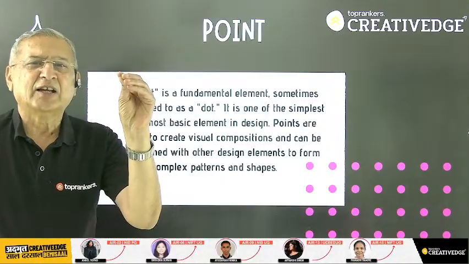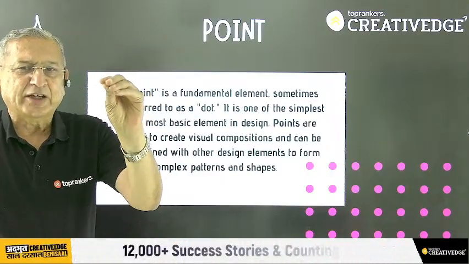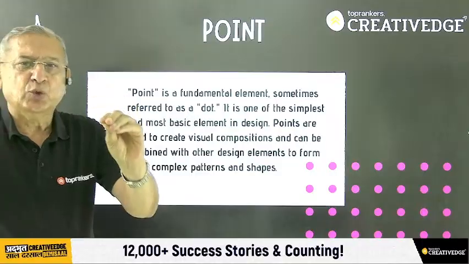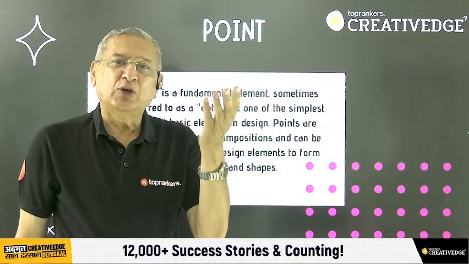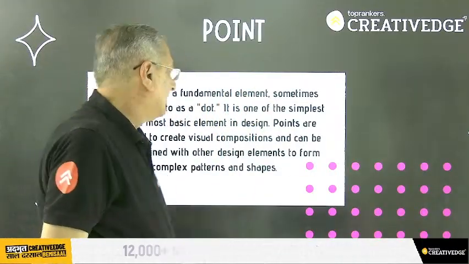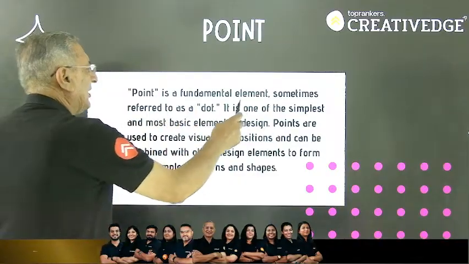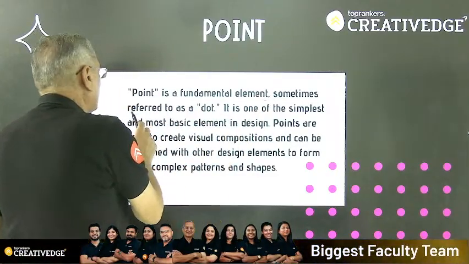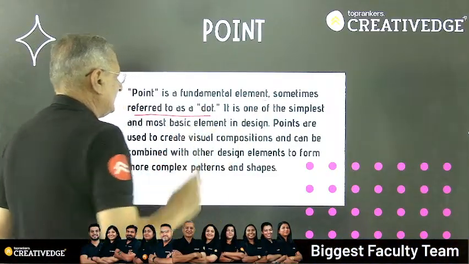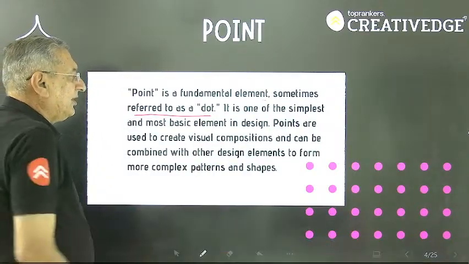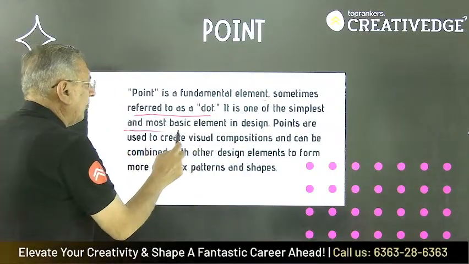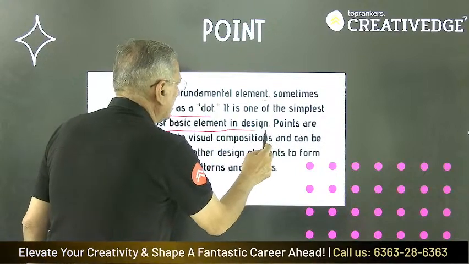छोटा सा एक point, एक dot, एक बिंदु, क्या वैल्यू होगी इसके अंदर? See to it. Point is a fundamental element, sometimes referred to as a dot. It is one of the simplest and most basic elements in design.